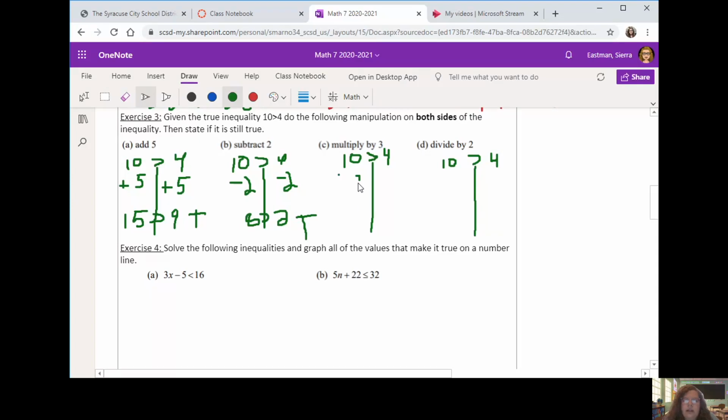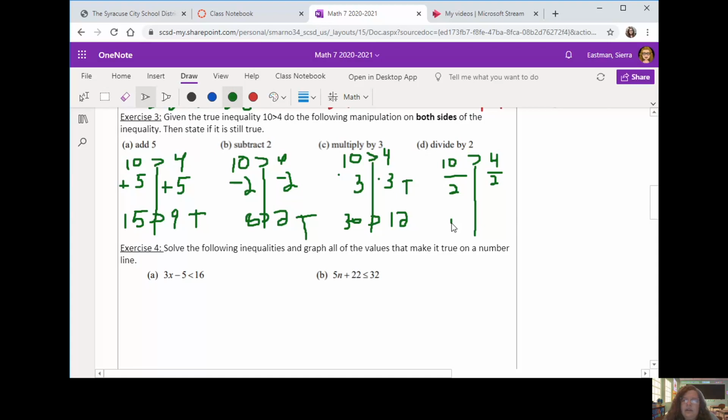Multiplying by 3, let's figure that one out. 10 times 3 is 30. 4 times 3 is 12. That still works. 30 is still greater than 12. T for true. What about dividing by 2?